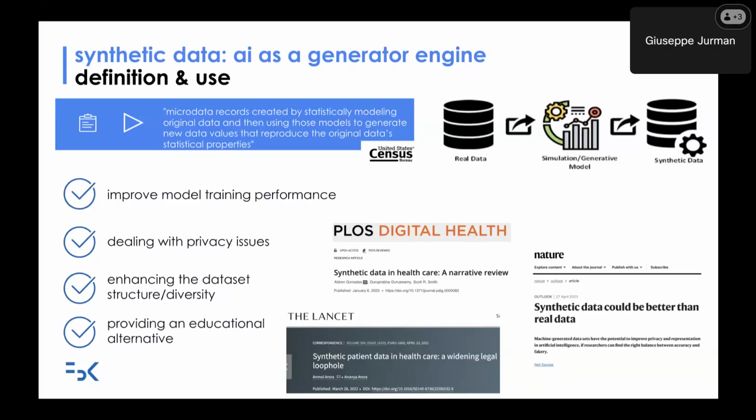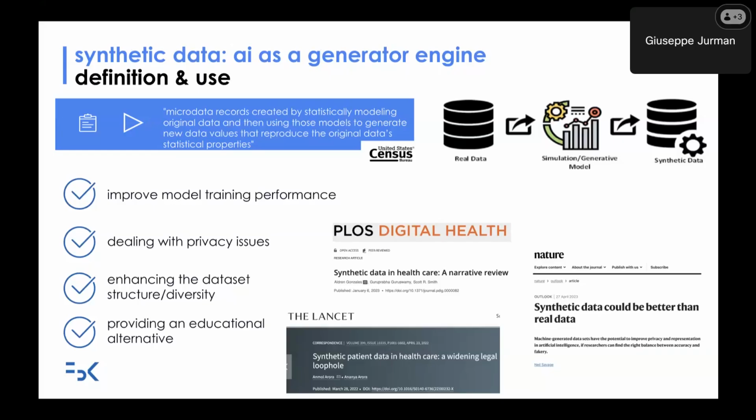They can enhance the dataset structure and diversity, which is the key of adding value to our model. And they can also be used for providing educational alternatives. For instance, we are developing something like that in digital pathology, constructing new imaging starting from virtual biopsies.